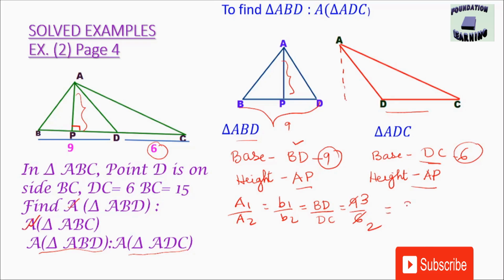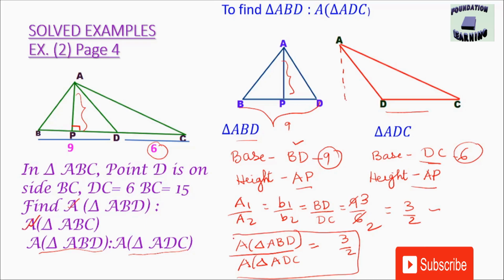So the answer will be 3 upon 2. So the final answer for the area of triangle ABD upon the area of triangle ADC is 3 upon 2.